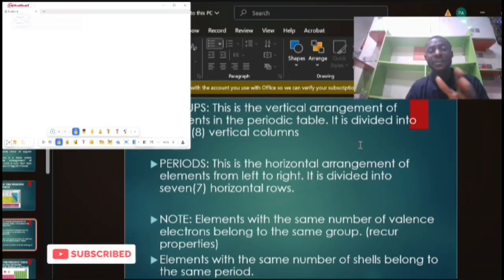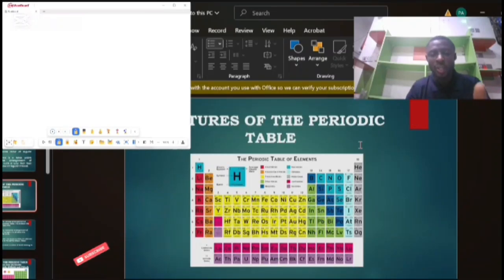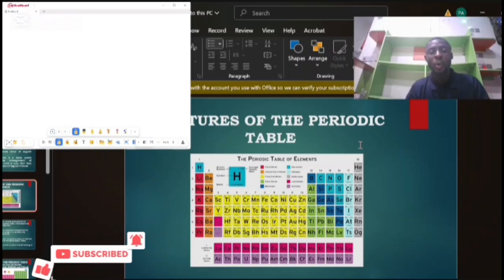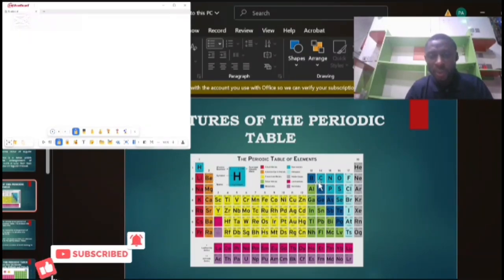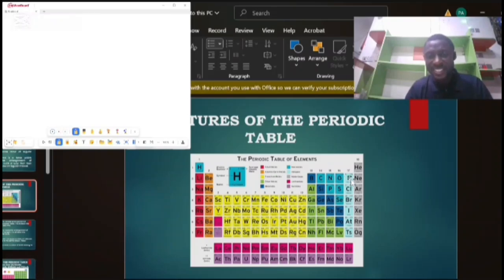It is divided into 8 vertical columns. Now let's go back to our table. If you look at this table, we have 8 vertical columns. We have 1, 2, 3, 4, 5, 6, 7, 8. That is 8 vertical columns.